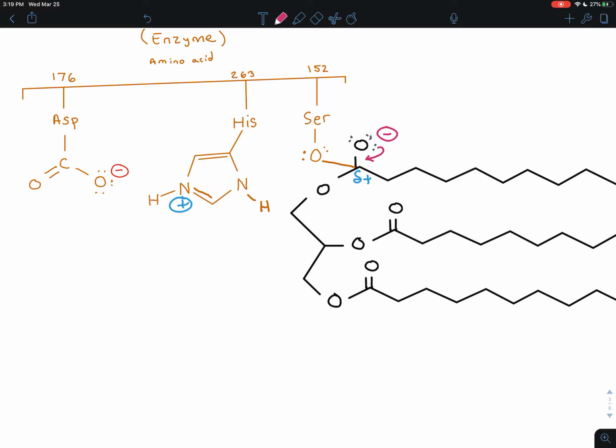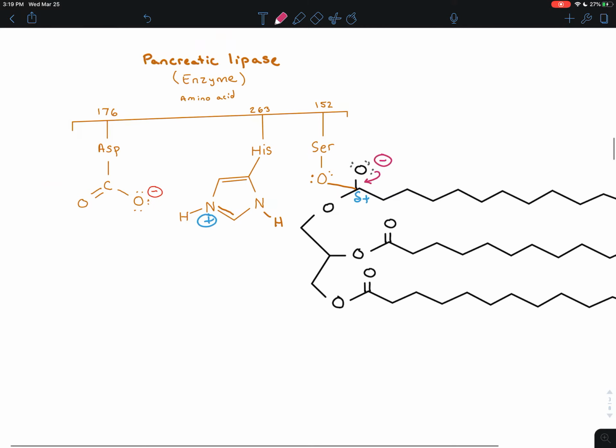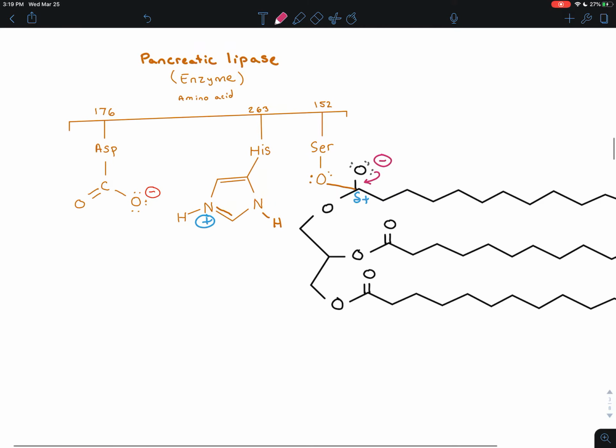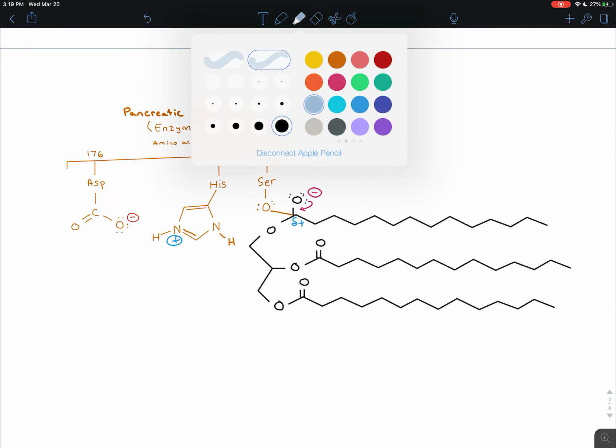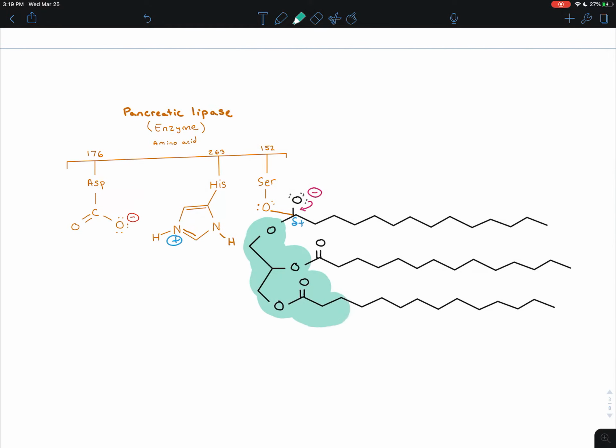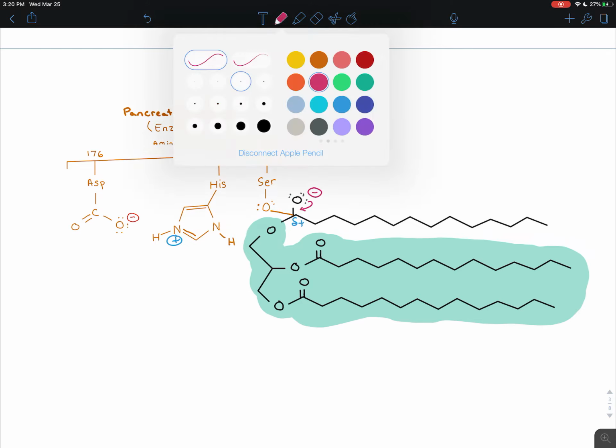Now, when it does that, it's going to expel a leaving group. And the leaving group, I'll highlight it in green, is going to be the rest of this molecule, this gigantic leaving group. But really, the part that's doing the leaving is this oxygen here.